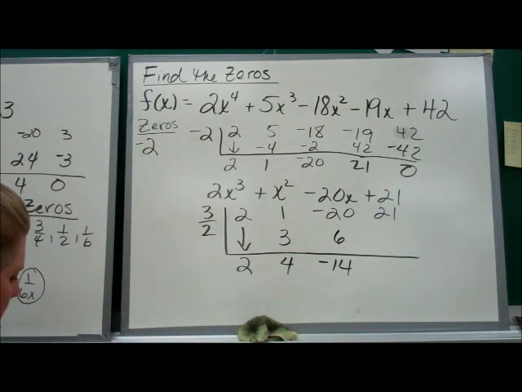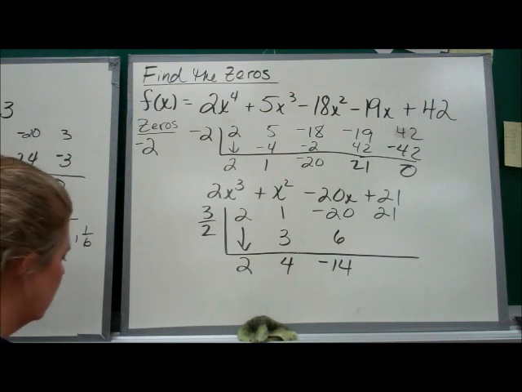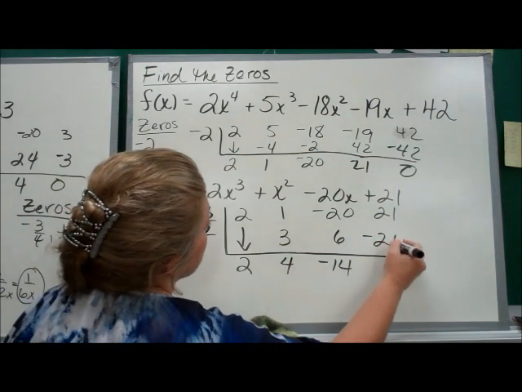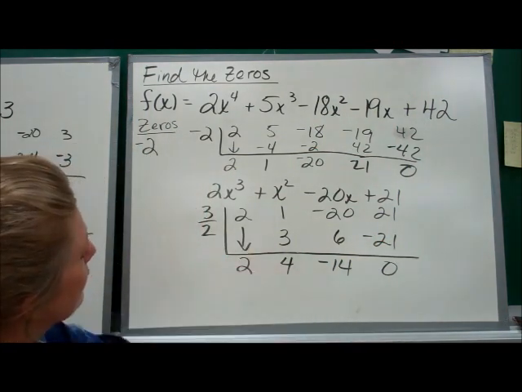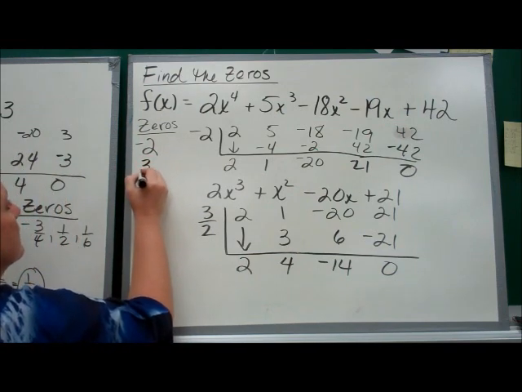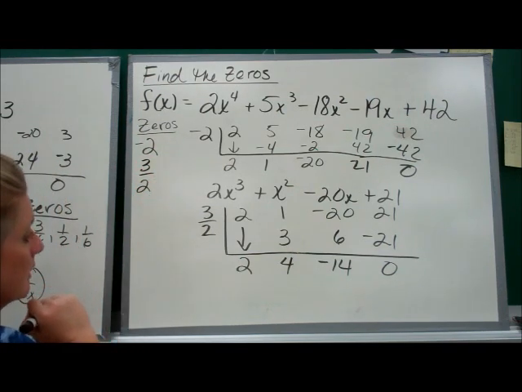Negative 14 times 3/2 is negative 21. I should have known that. And 0. So there's that one. So 3/2 is another 0.